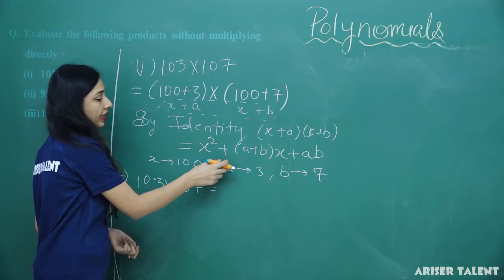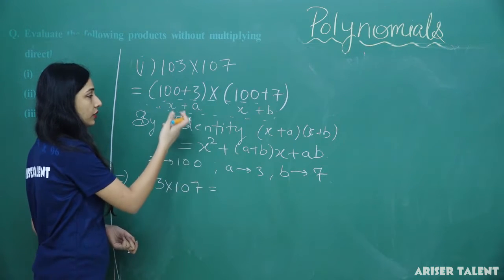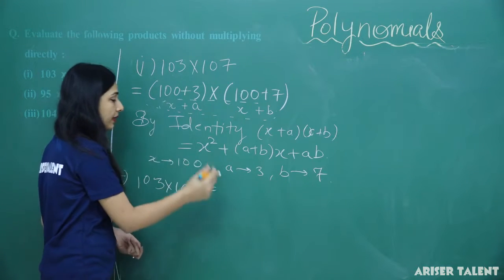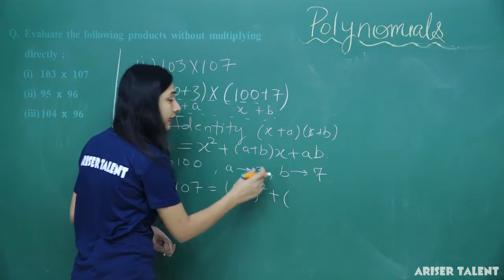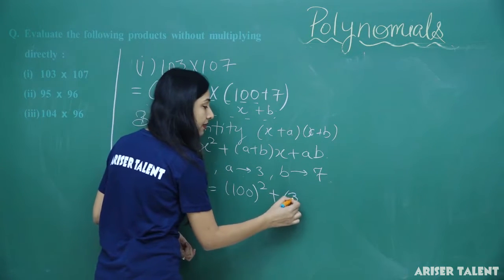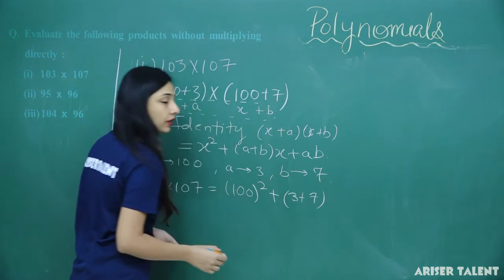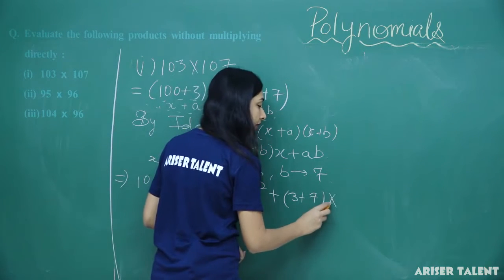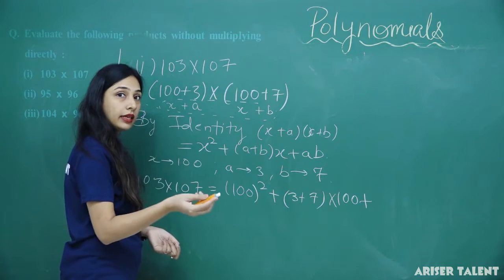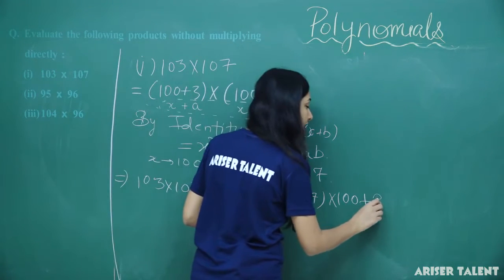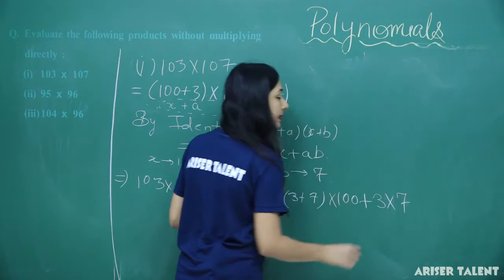So 103 and 107 will bifurcate by that formula, so we are using that identity. That will be 100 square, x is 100, plus a plus b multiplied by x, where a is 3, b is 7 and x is 100. Now the next is a multiplied by b, that is 3 multiplied by 7.